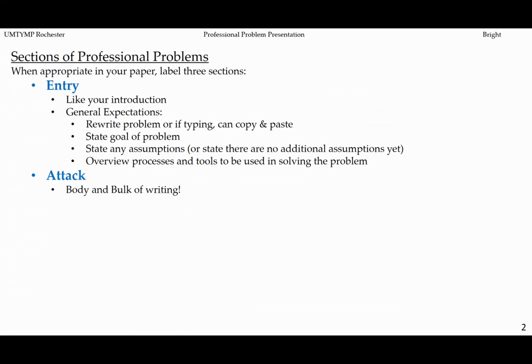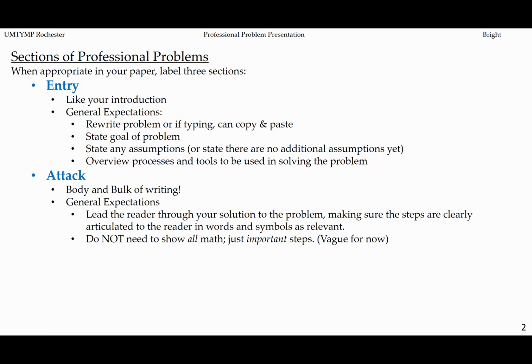In the attack, this is where it should be the longest. So you're going to lead the reader through your solution, explaining everything very carefully and with great detail. You don't need to show all the math.